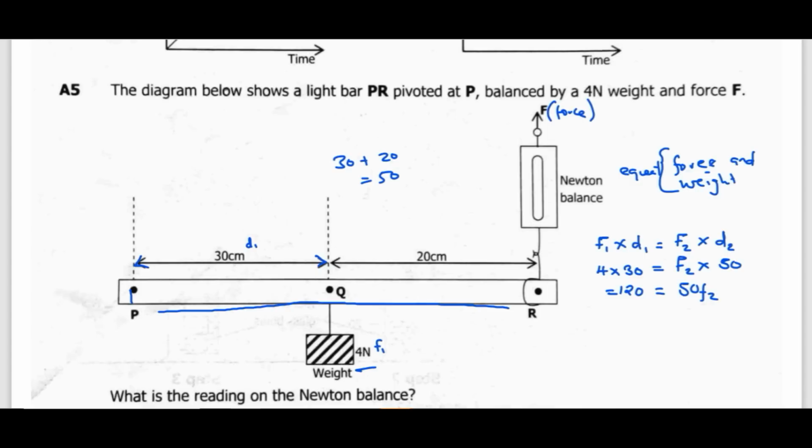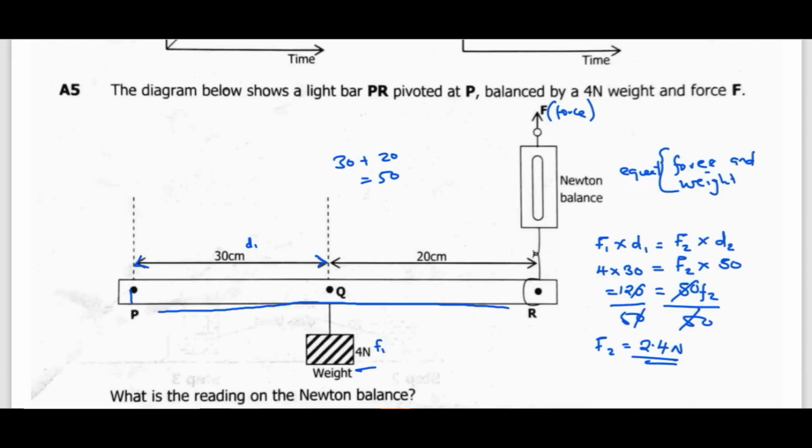For F2 to be solved, we divide by 50 on both sides, and then 50 goes. So F2 is equal to, 0 goes, 12 divided by 5, we have 2.4, that is in newtons.